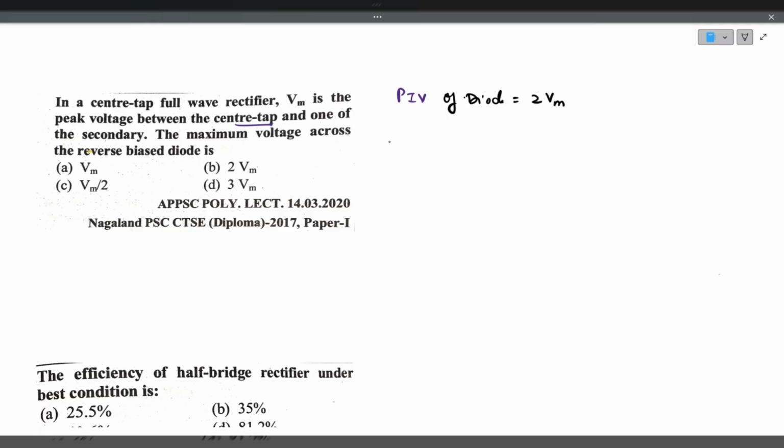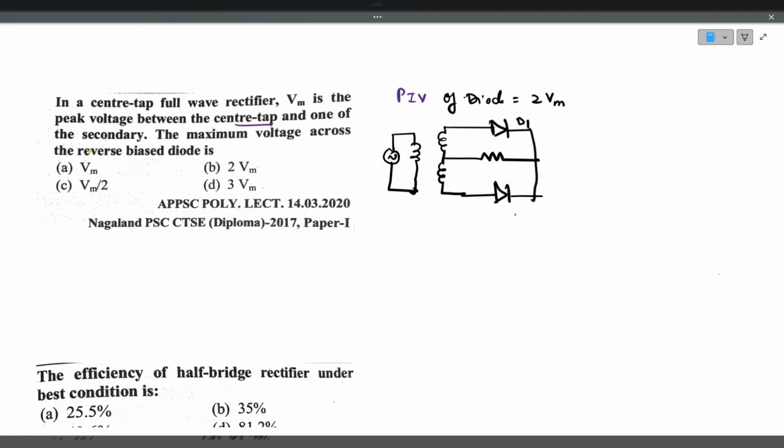So how does it work? We'll see. This is a center tap full wave rectifier diagram, with the secondary upper winding and secondary lower winding. We have two diodes in the center tap rectifier, diode D1 and D2, and load resistance RL. During the positive half cycle, the upper winding has Vm and the lower winding also has Vm.